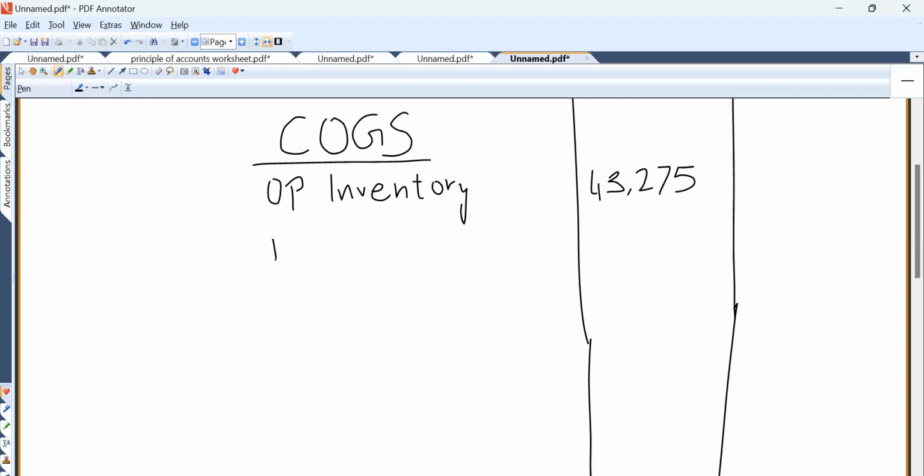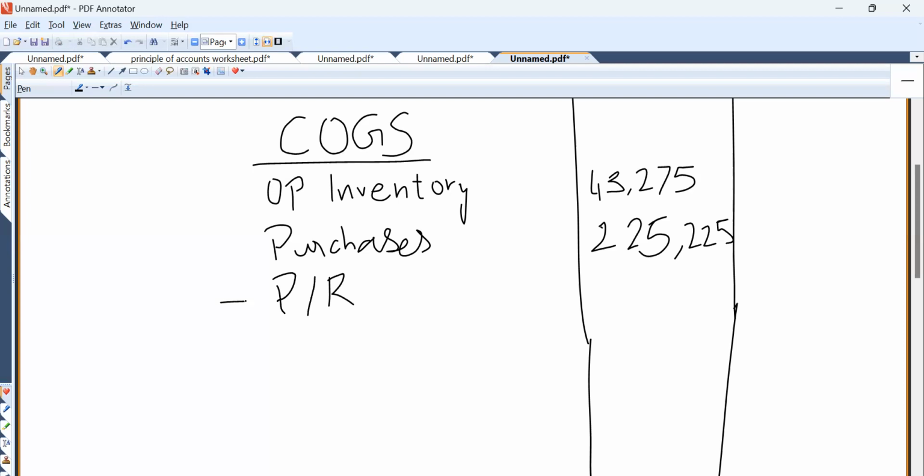Then we have purchases, $225,225. I'm just copying the value from the question. And then we have purchase return. We'll subtract the purchase return, so I will write it in bracket. Bracket means basically that we have to subtract it. 1,140.